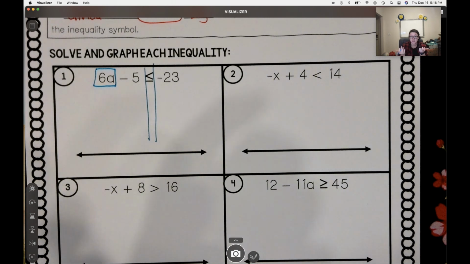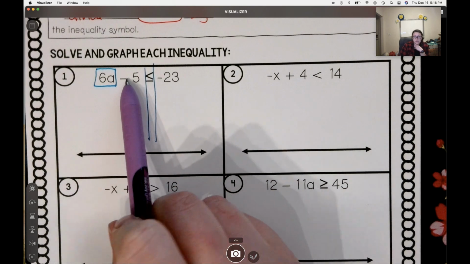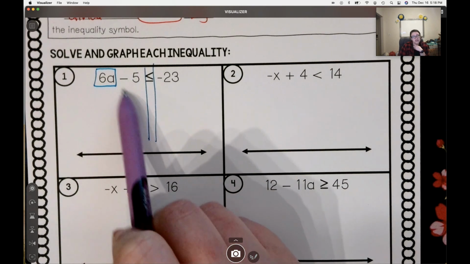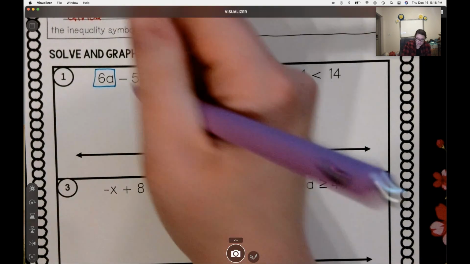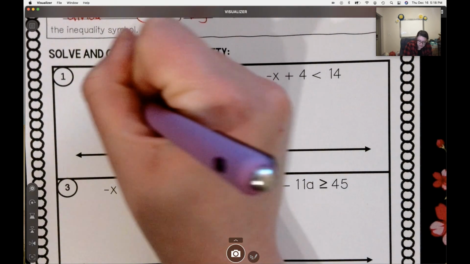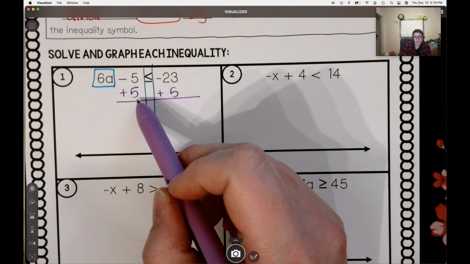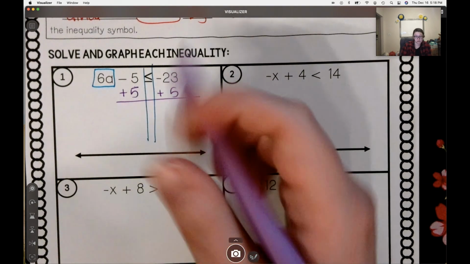So what do I need to get rid of here to help isolate my variable? I need to get rid of that -5. I have to do the inverse. I have to do the opposite. What's the opposite of -5? +5. And again, I have to do it to both sides. -5 and +5 are opposites.